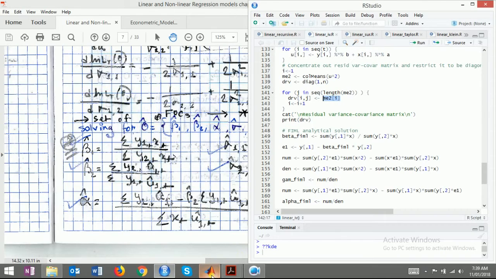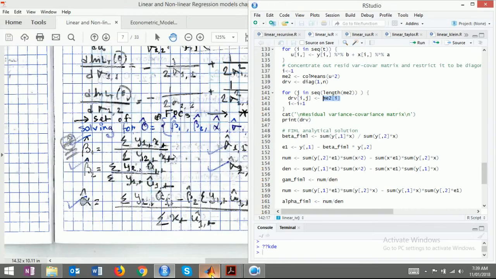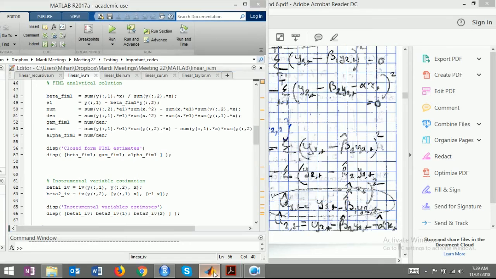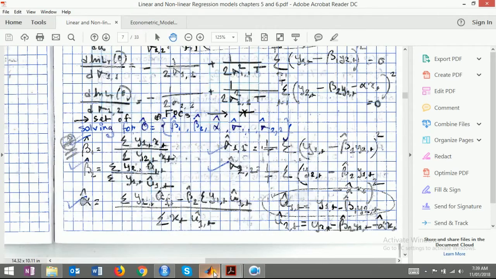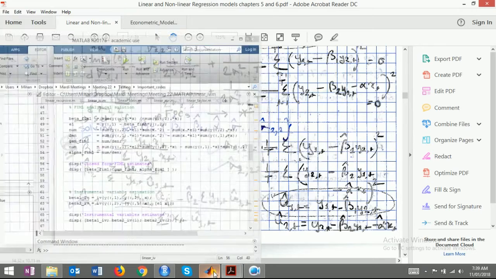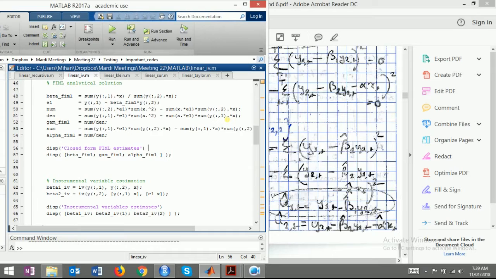So sigma hat is here being put as num, where sum y2 x square, y2 e1 minus x e1 sum of y2 x. So this one, x square and x square and x1 remain the same. Gamma finally is num by den.